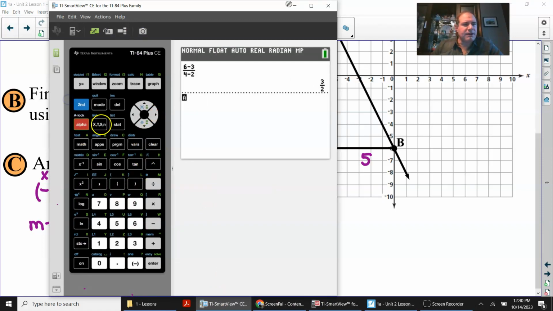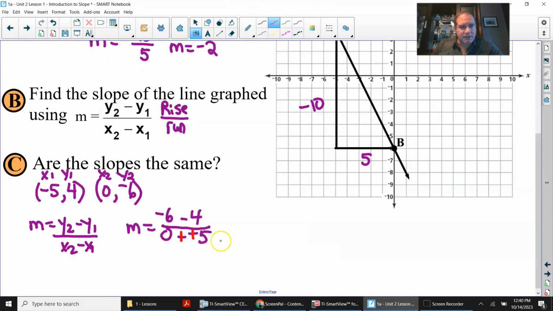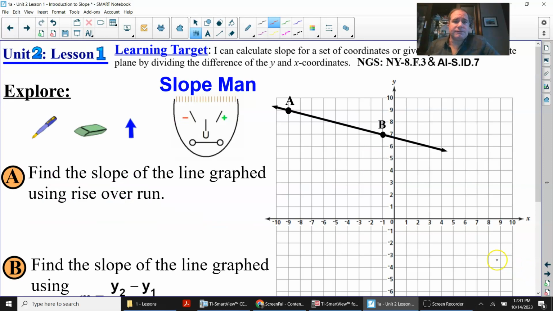So I'm going to go alpha x, that's negative 6 minus 4, and then 0 plus 5. The calculator is going to give you the answer of negative 2. Who cares how it got there? You're not doing this separately. And yes, it does match up with the rise over run. When you did rise over run, you did get negative 2. All right? So same thing here.